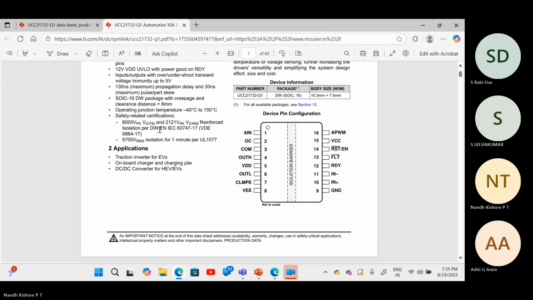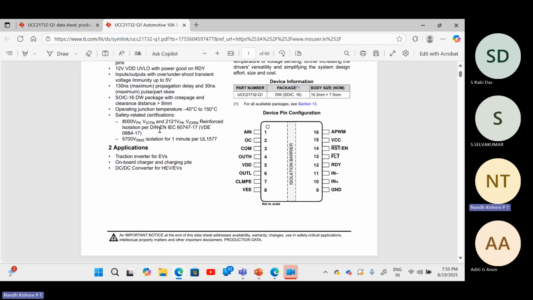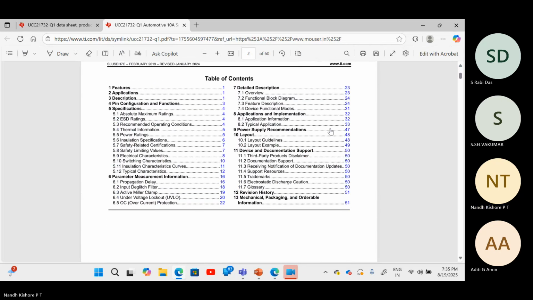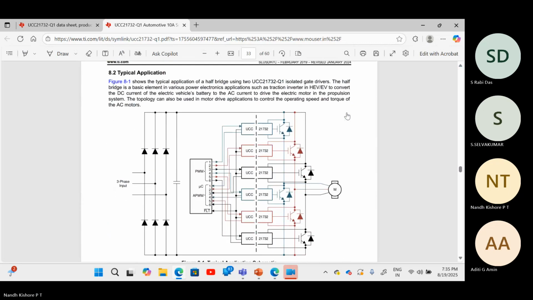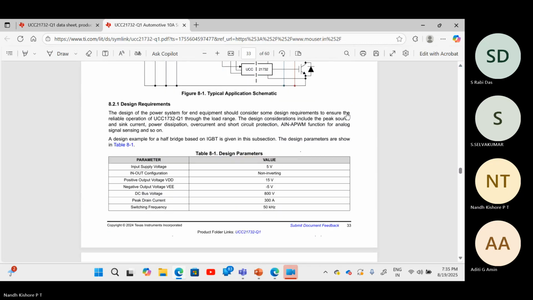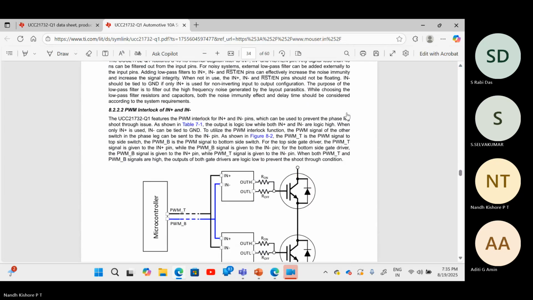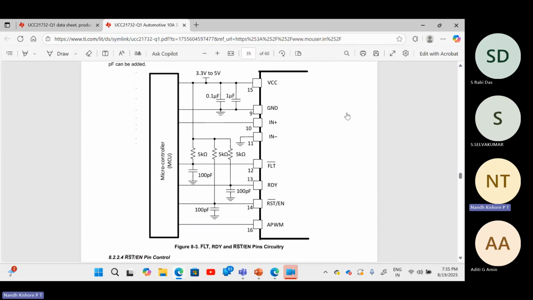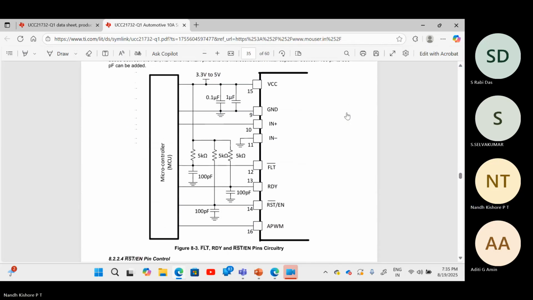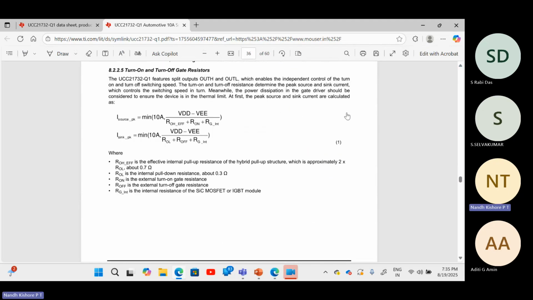Let's see. I think they will give a typical application diagram, right? PWM interlocking, fault pin, automatic reset.